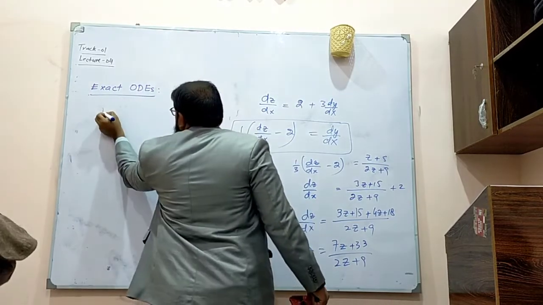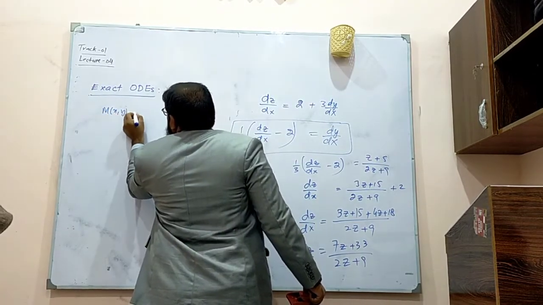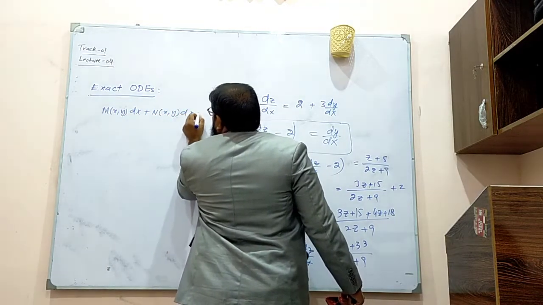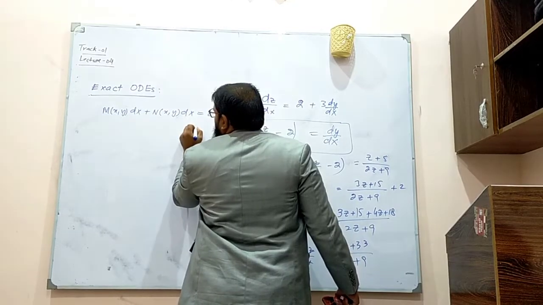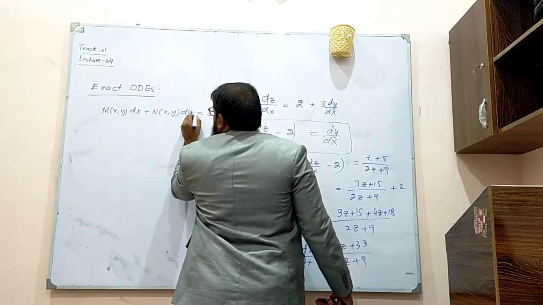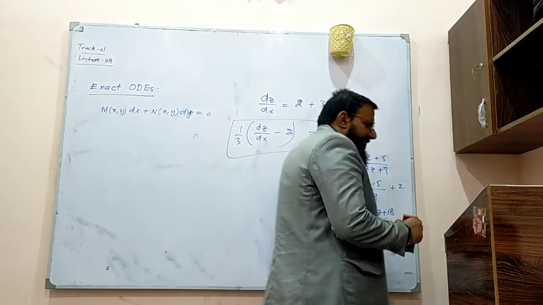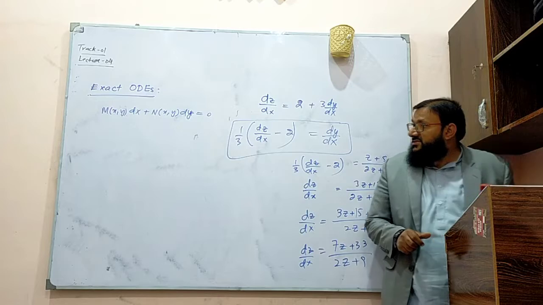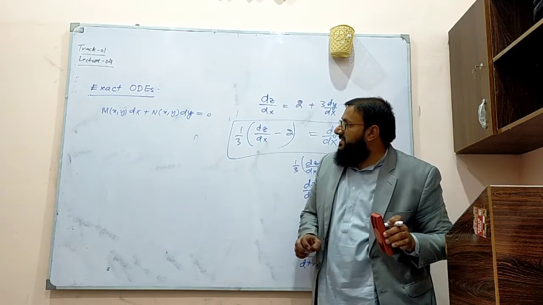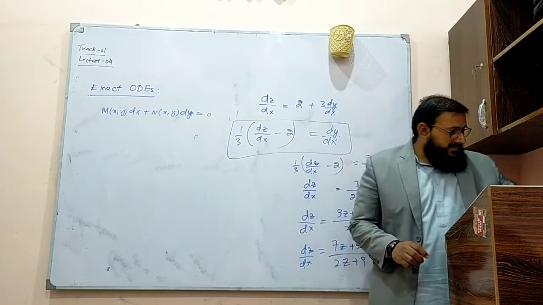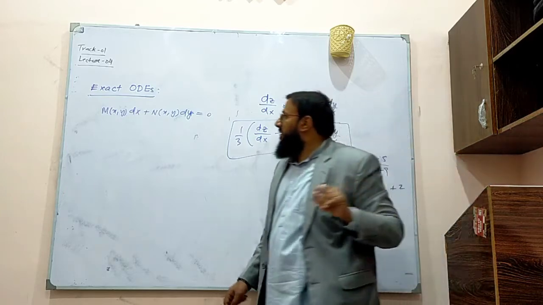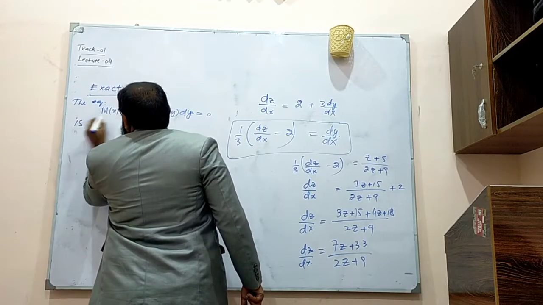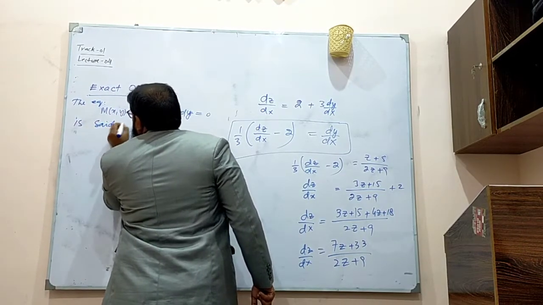It is simply the equation of the same form, M of x comma y dx plus N of x comma y dy. It is said to be exact when it satisfies certain conditions.